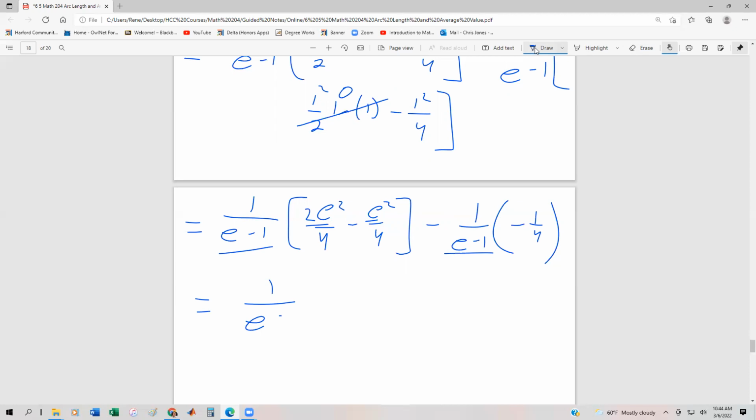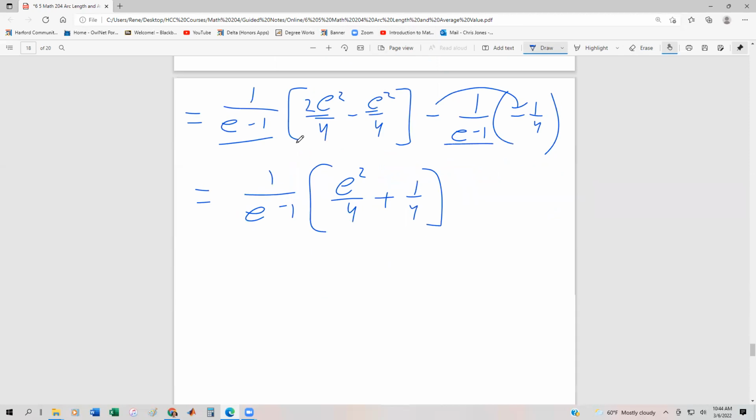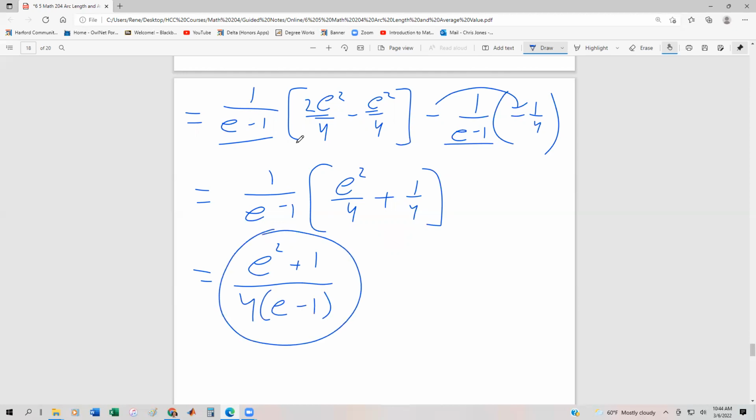So one possible answer that we can get is going to be 1 over e minus 1, e squared over 4 plus 1/4. Okay, so negative times negative. Or in a really compact form, we could write this as e squared plus 1 over 4 times e minus 1. And that's probably the best that we can get with this.